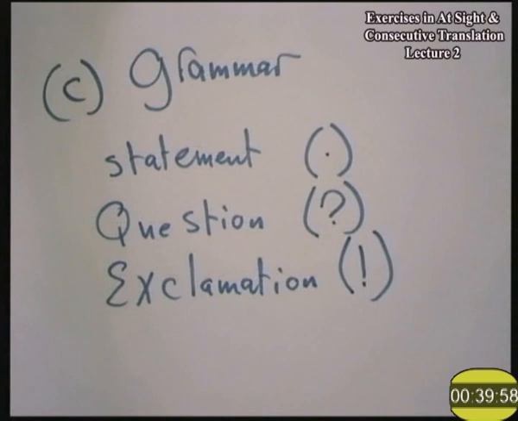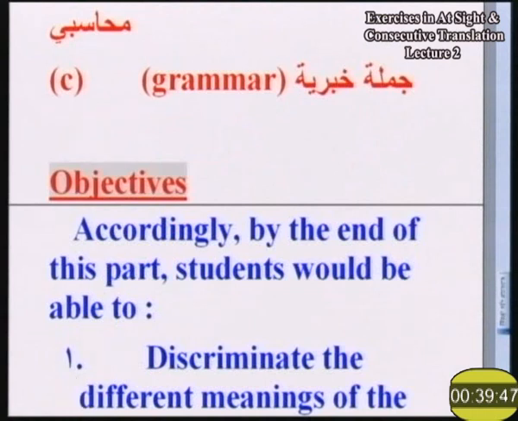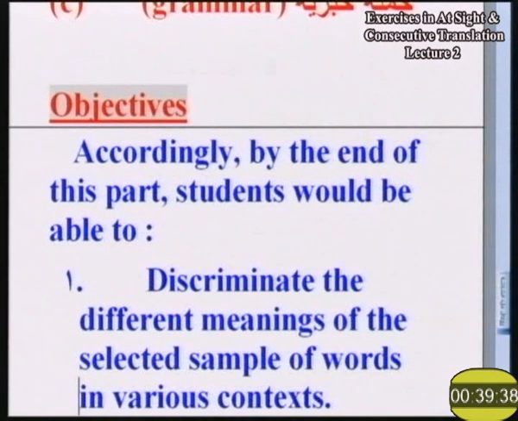Now let's go back to the objectives of this course. Accordingly, by the end of this part of the book, which deals with the at-sight sentences, students would be able to do the following.